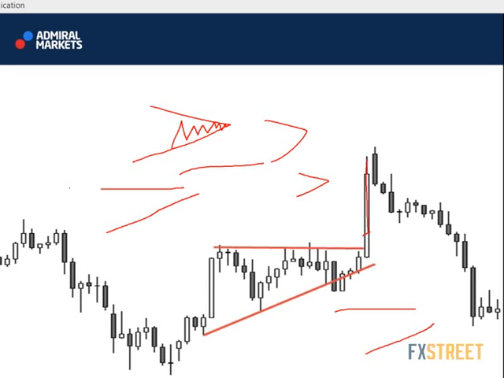So if we already saw, for example, at this point in history, that this was a buying point, I would definitely go long here because in the history there was buying.